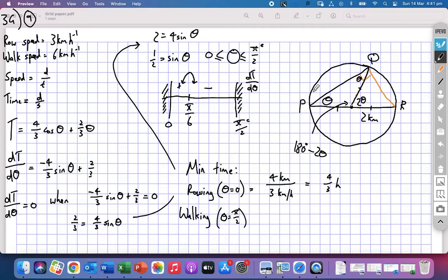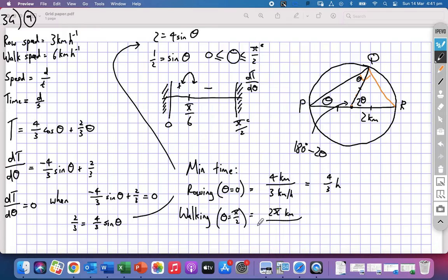And same as walking. If we're walking the same way, we're doing half a circle. So a whole circle is 2 pi r, where r is 2. We're only doing half. So we end up with a distance of 2 pi kilometers.